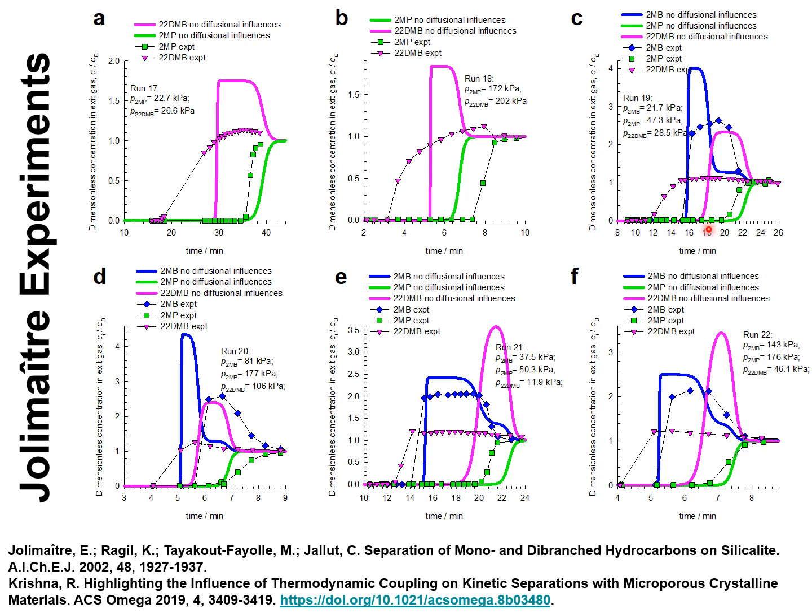This reversal in the order of breakthroughs of 2-methyl butane and 2,2-dimethyl butane is purely ascribable to the significant differences in intracrystalline diffusion due to the significantly lower mobility of 2,2-dimethyl butane within MFI zeolite. 2,2-DMB elutes first. So diffusion overrides the hierarchy of adsorption.